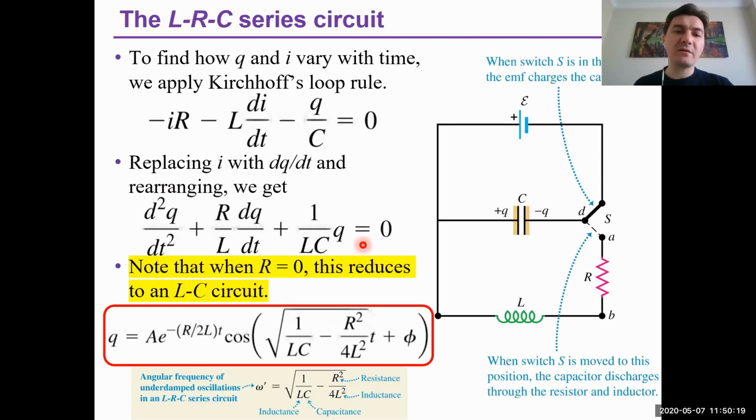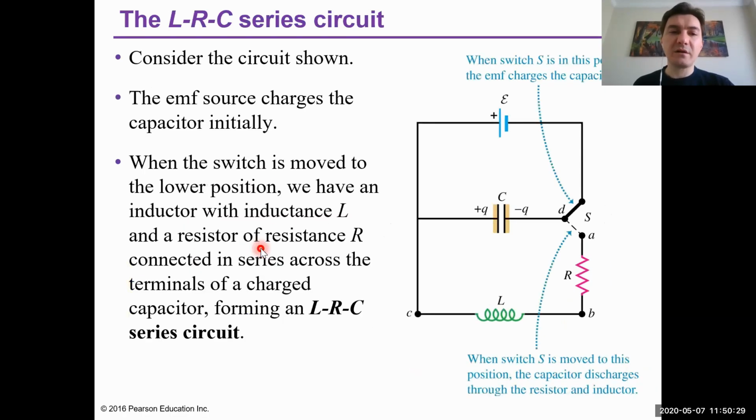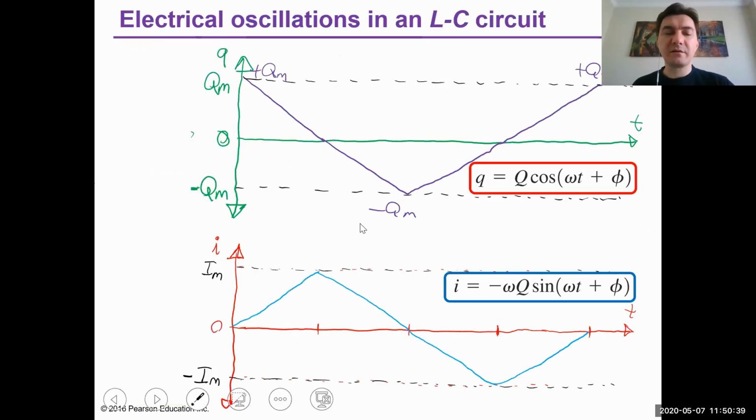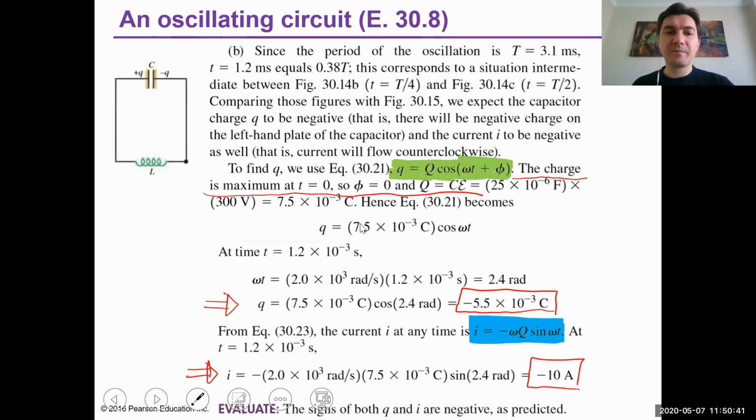Let me go back. Look at this one. Here we have this term, and here we have Q, and here we have an additional term. Let me go back. Do you see in LC circuit? But in LRC circuit, we have an additional term, just this one.